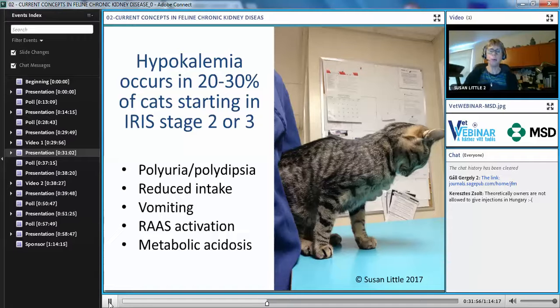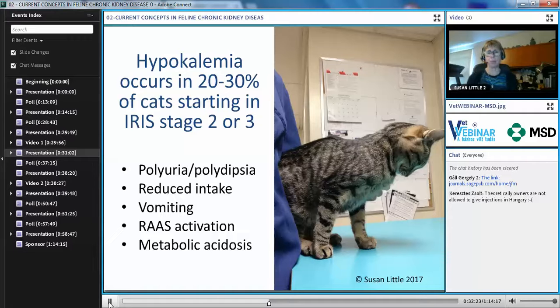So hypokalemia is actually fairly common and important in cats with chronic kidney disease. Somewhere around 25 or 30% of cats will start to suffer from hypokalemia by the time they're in IRIS stage 2 or stage 3. And that occurs for a lot of reasons. Of course, the polyuria and polydipsia causes loss of potassium in the urine.